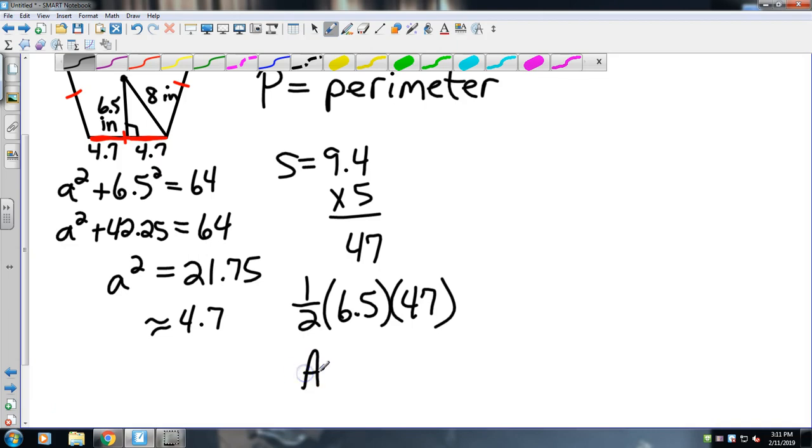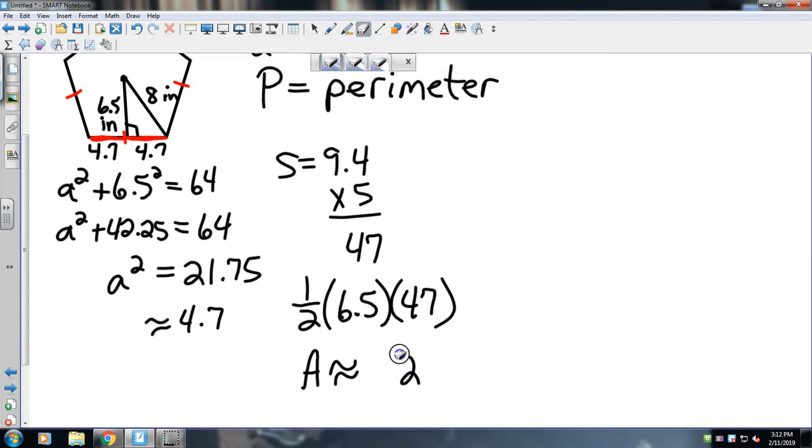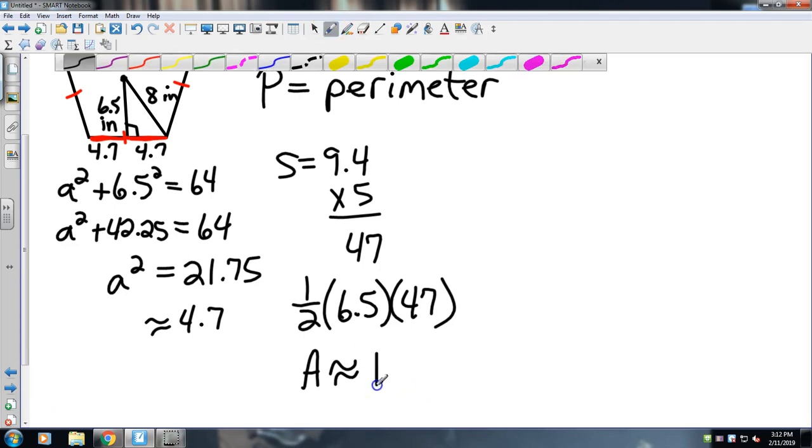And that gives me an area of approximately 152.8 inches squared. So that is chapter 11, section 3. That is area of polygons.